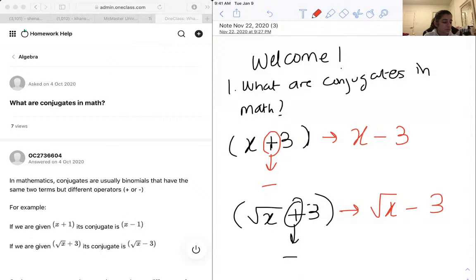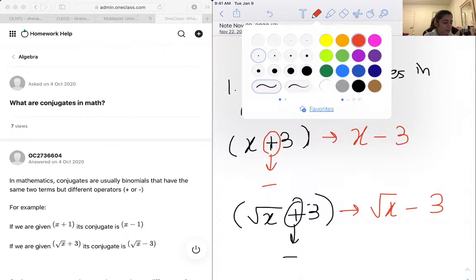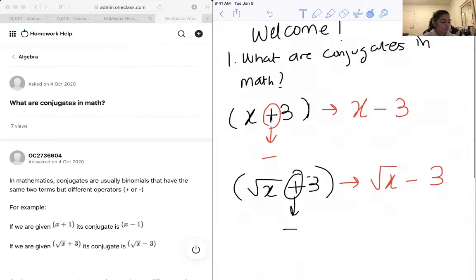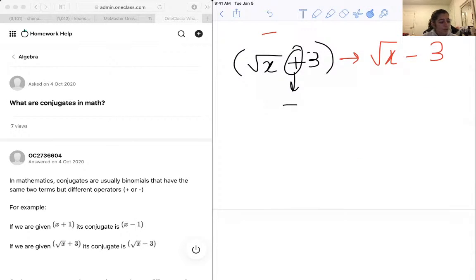We could do an example where we are given, let's do a harder one. Square root of x plus 1 minus 2.